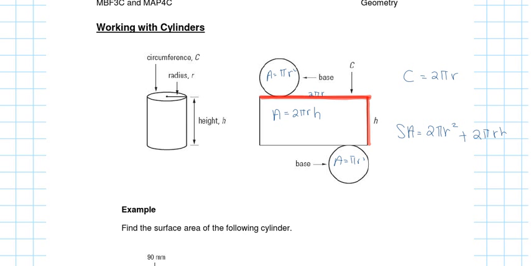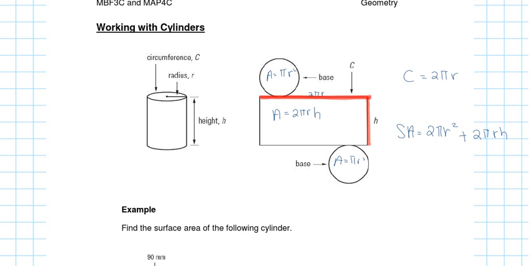Now, if you look in your formula sheet for the cylinder, and you look for the surface area, do you see that formula? 2 pi r squared plus 2 pi r h? Yes. So this is how they came up with the formula. They got it because I have two circles and a rectangle.